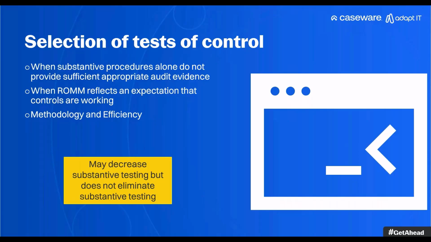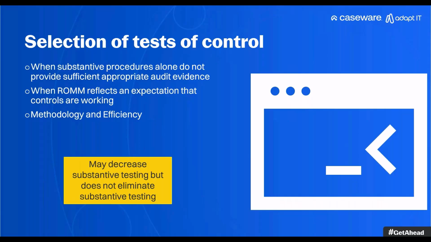Firstly, when substantive procedures alone do not provide sufficient appropriate audit evidence. And from the standards' perspective, they give an example, and I know this is very boring. The example is in a retailer's case. So if you go to wherever you buy your bread and your groceries, if you had to go and audit that grocer, how would you ensure that all the revenue, all the inventory that left that store was actually invoiced or recorded on the cash registers?